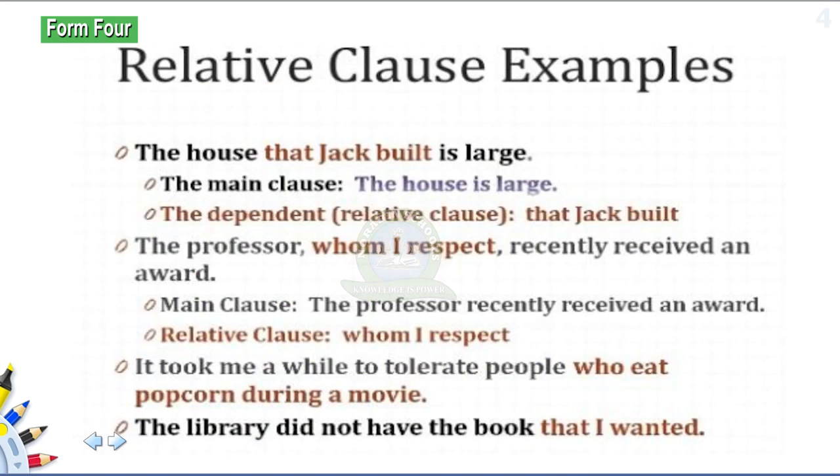For example, the house that Jack built is large. Here there are two clauses. The house is large, and that Jack built.